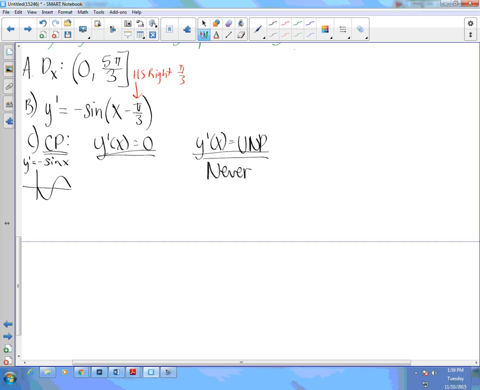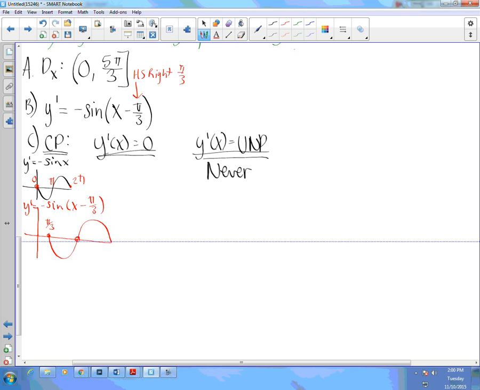So all of these original critical points, which were at 0, pi, and 2 pi, all get shifted to the right by pi thirds. So y prime, which equals negative sine of x minus pi thirds, doesn't start at 0. Where does that loop start? Pi thirds. So 0 plus pi thirds is pi thirds.